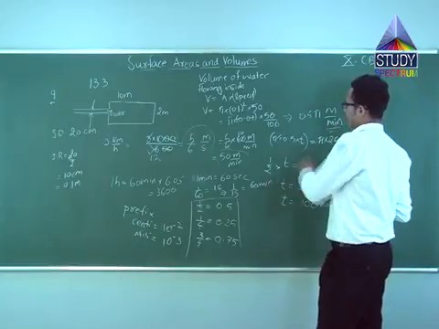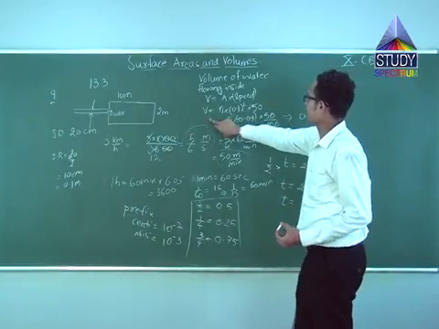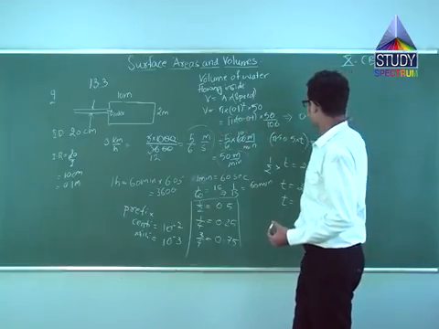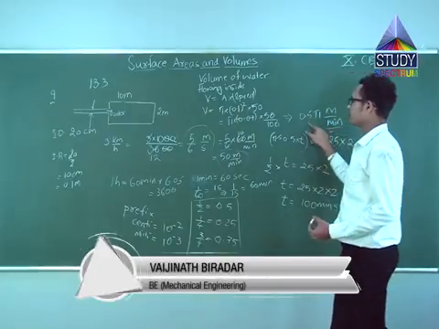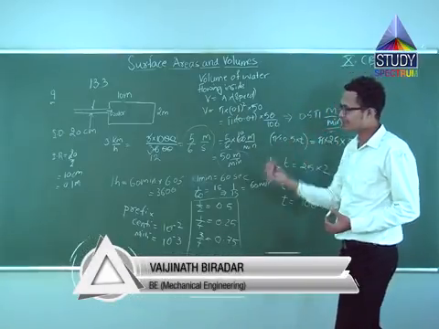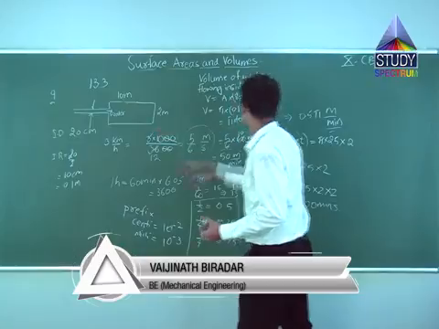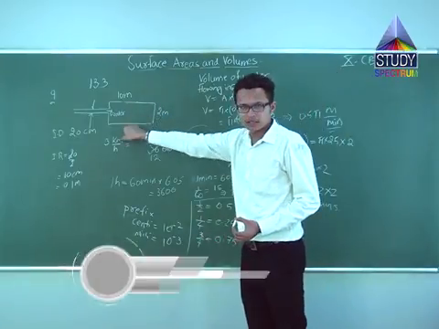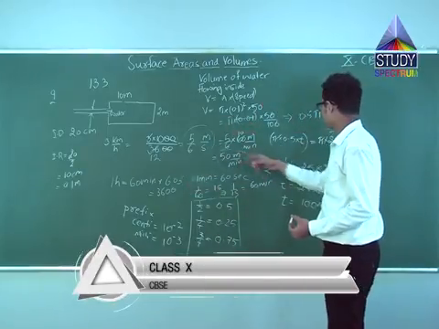Now this volume of water was flowing in for 1 minute. In 1 minute this amount of volume flowed. So if it takes t minutes to fill the entire tank, just multiply that by t and equate it to the volume of the cylinder. The volume of the cylinder is pi r square into h.